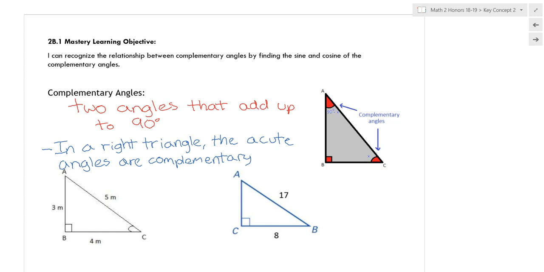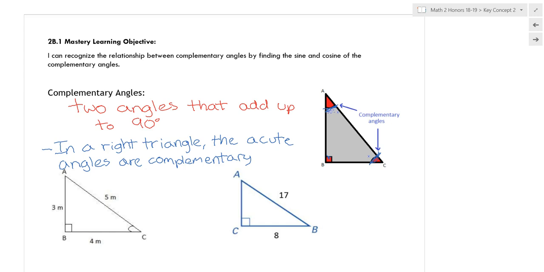Why? Because a triangle adds up to 180. In a right triangle, one angle is always 90, so the other two have to add up to 90 as well. It makes up the rest of the 180. So we always know that these two angles are complementary.